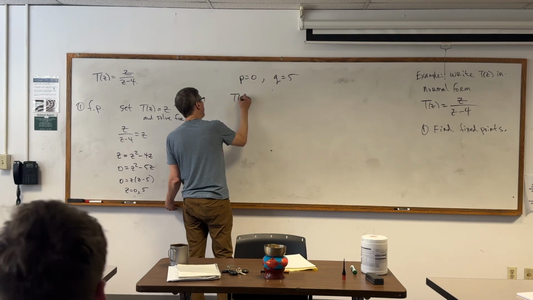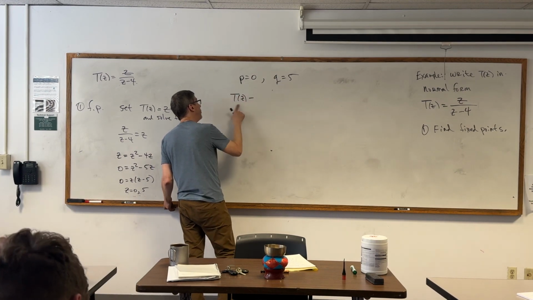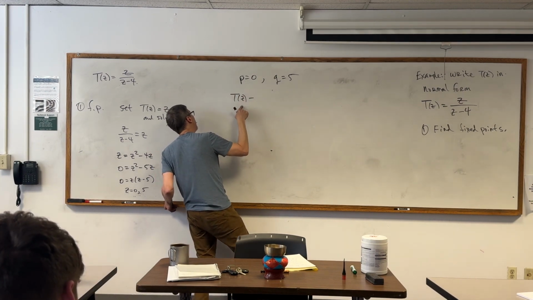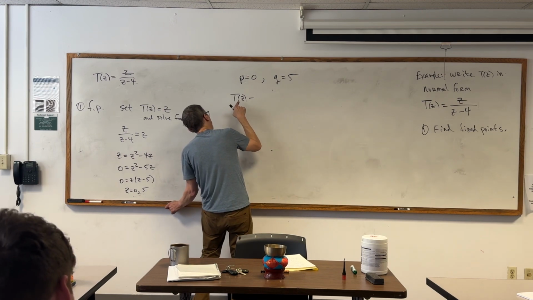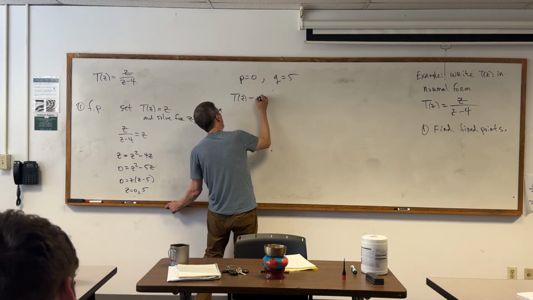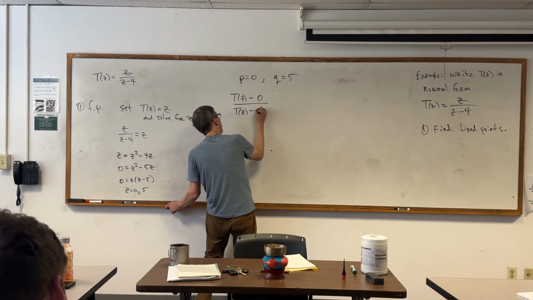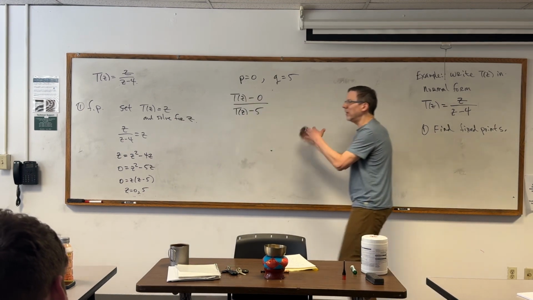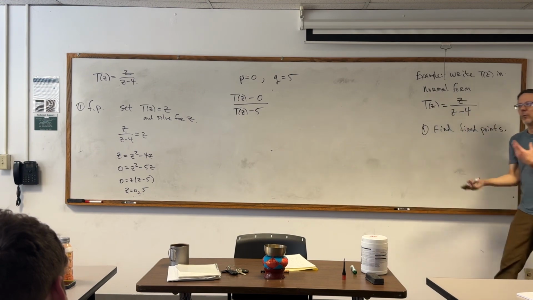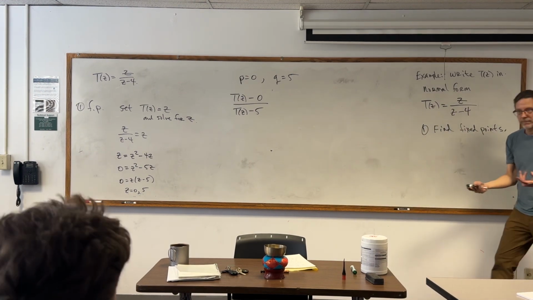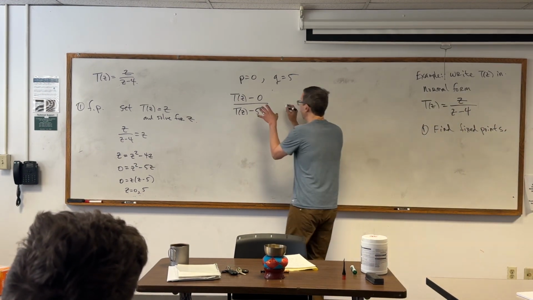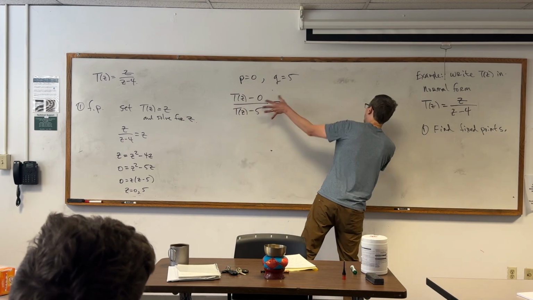Write it in this form next. And literally don't write the formula for T, put just the symbol for T. T of z minus 0 over T of z minus 5. P and Q are interchangeable. It doesn't really matter what order they are in, so you can't go wrong as long as it is consistent across this equation.